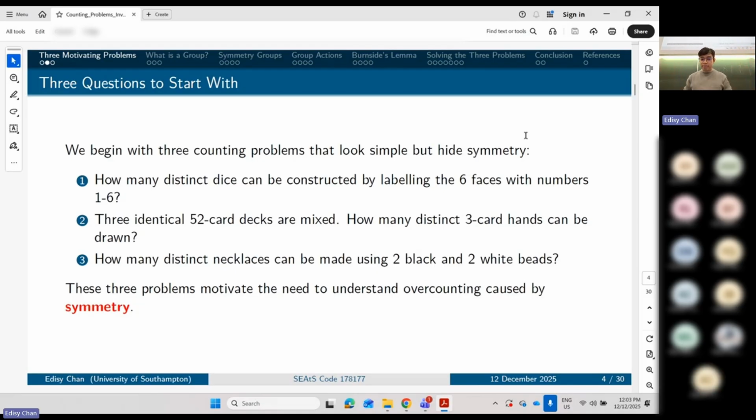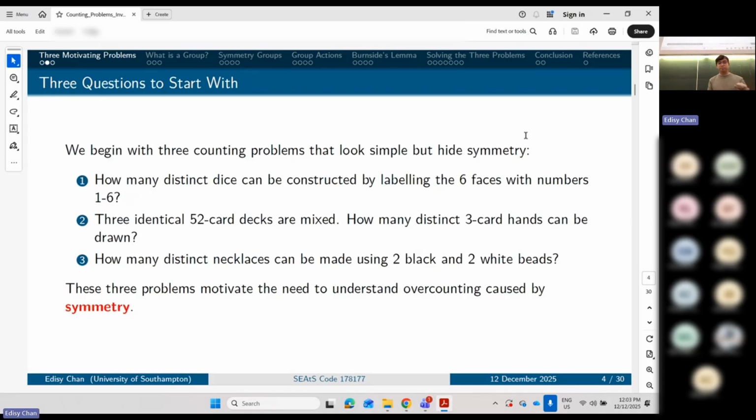The next one: we have 3 poker decks, and we combine them, so we have a very gigantic deck. We draw 3 cards out of it, without replacement, at the same time. So how many hands are there? That's the question.